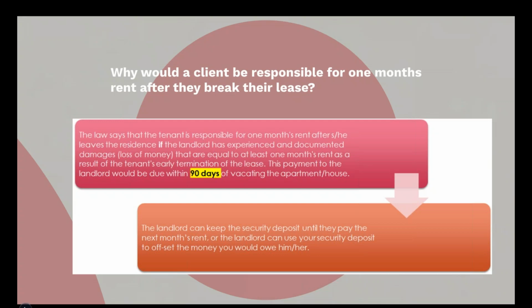After notifying them of that, I usually attach the statute, which, like I said, is a handout, to that notification so that the landlord is aware of the statute and how it applies in the situation. The homeowner can also keep a security deposit until they pay the next month's rent, and they can also use that security deposit to offset the amount that the survivor owes on that lease agreement.